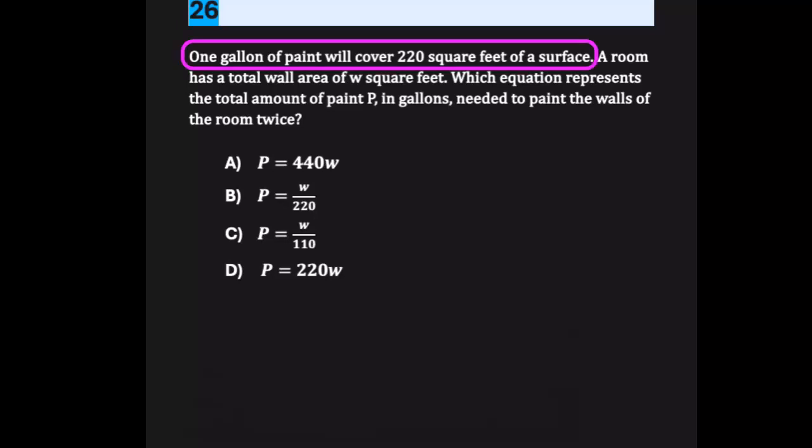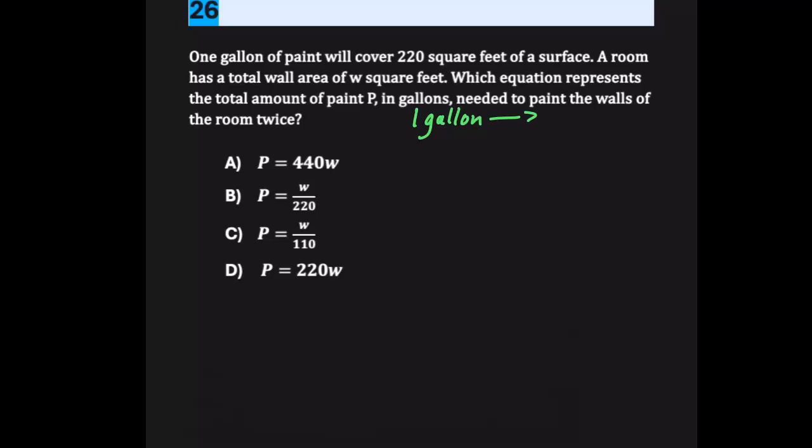1 gallon of paint will cover 220 square feet of a surface. That means 1 gallon of paint can cover 220 feet square. A room has a total wall area of W square feet. We have been given the area.